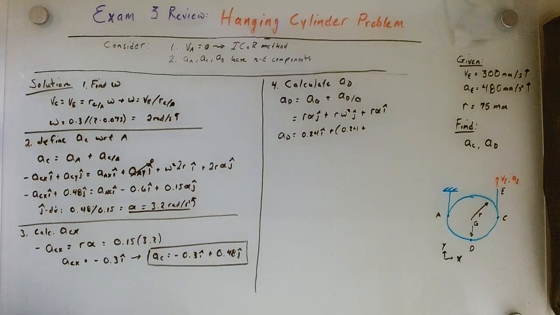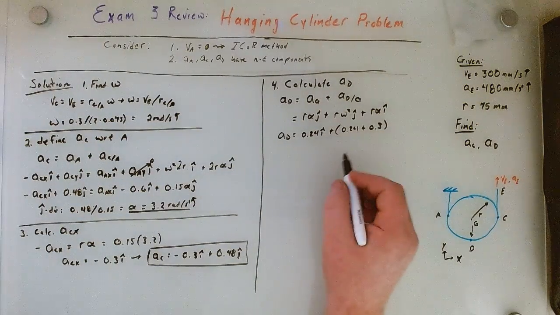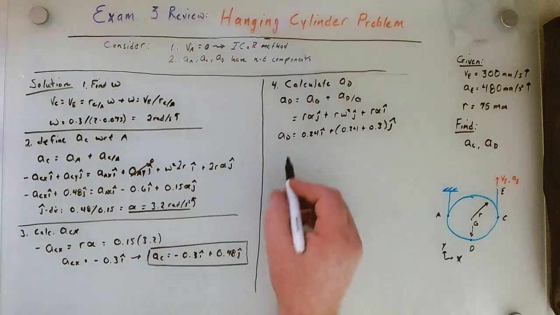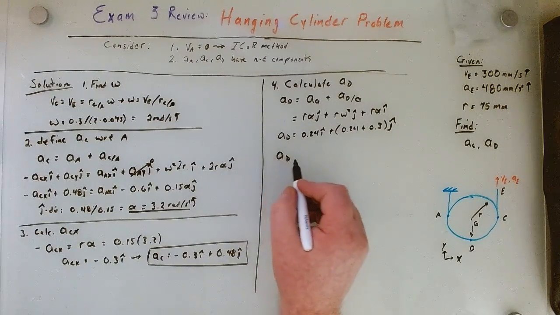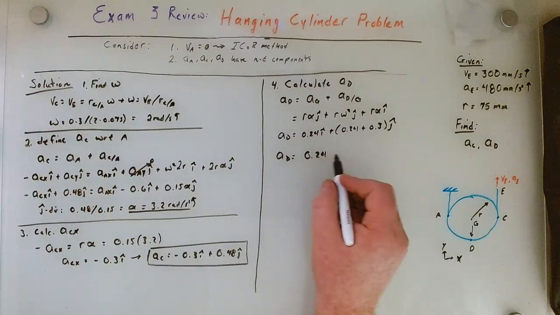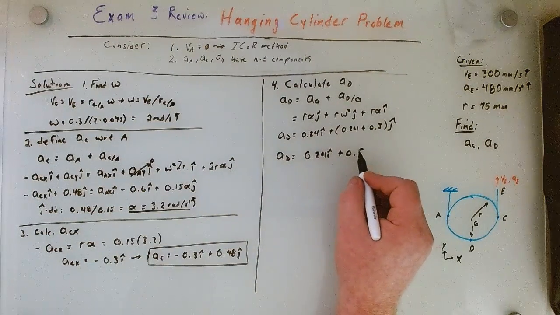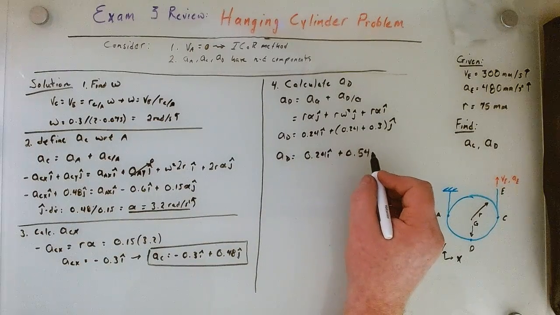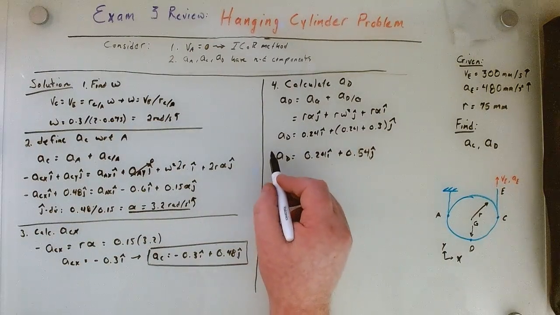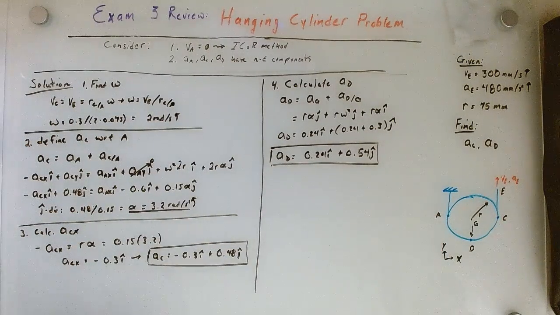Yep. So that's 0.3 in the j direction, and that means that a sub d is equal to 0.24 i direction plus 0.54 in the j direction. And there you have it.